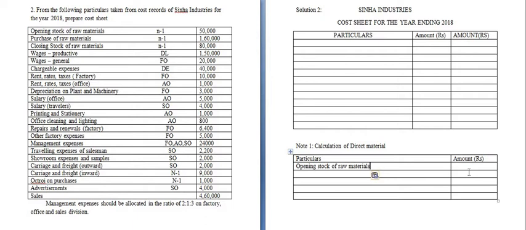Now amount is how much? 50,000. Now to this opening stock we will have to add purchases. Purchases is given in the problem. Amount is how much?